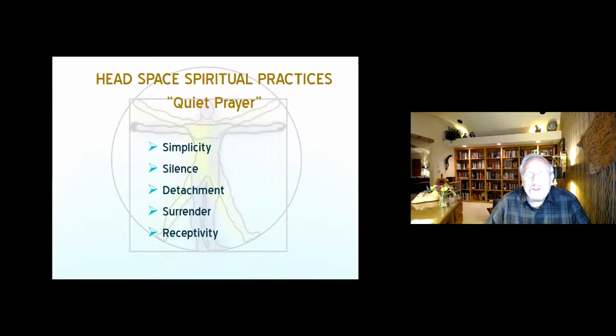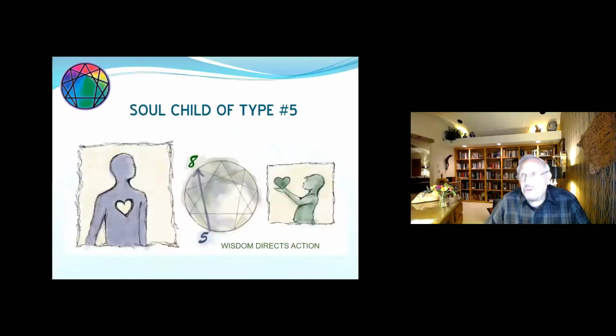I gave you some slides about general practices that tend to work with headspace in general. But for here, when we talk about the soul child of 5, we're talking about any practice, as Evagrius would call it in the 4th century, where wisdom, which is the core essence of the 5, that gift of wisdom, of deep, deep knowing, directs action.